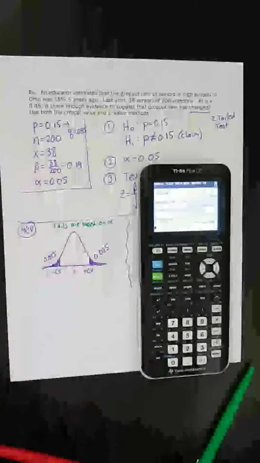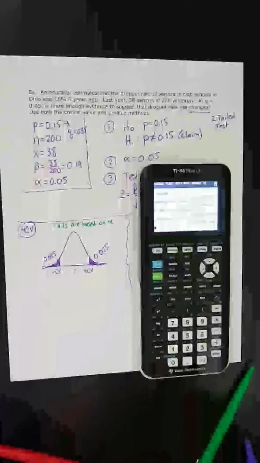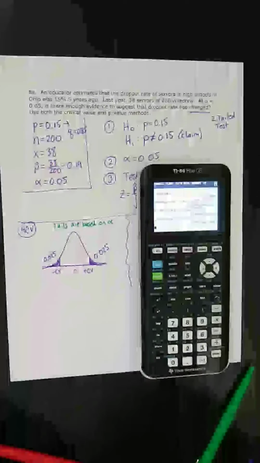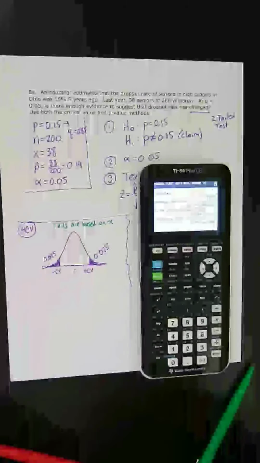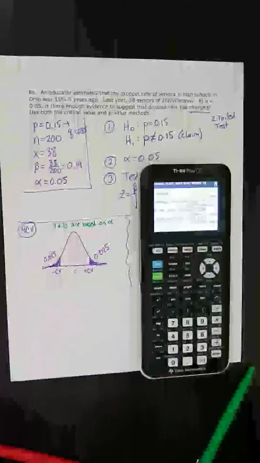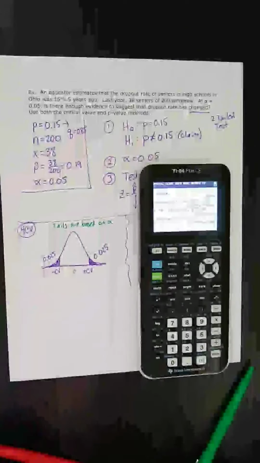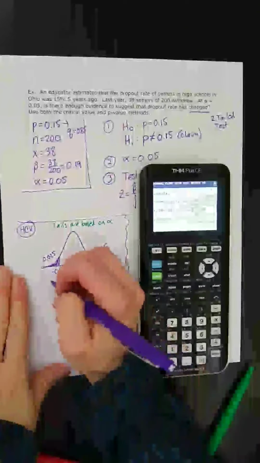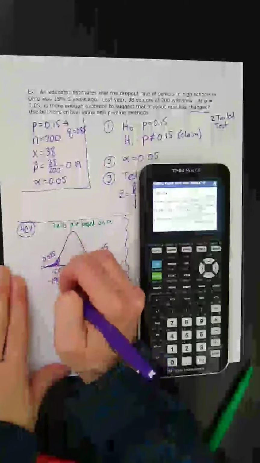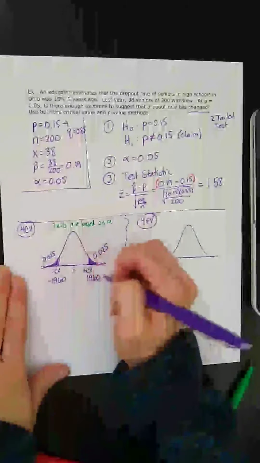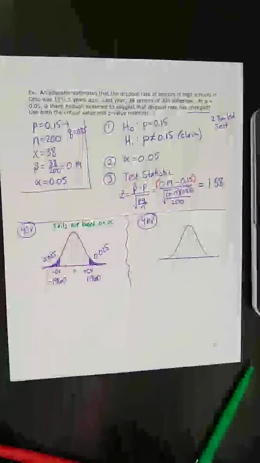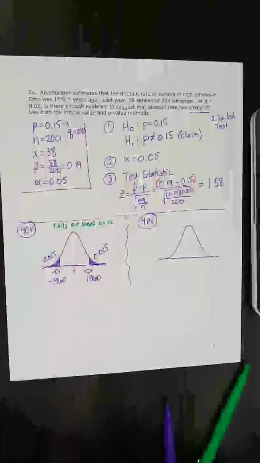Okay, so we've got a critical value of, what happened here? Okay, so we've got a negative 1.960 and a positive 1.960. So those are our critical values, and now we place the test statistic in our picture.